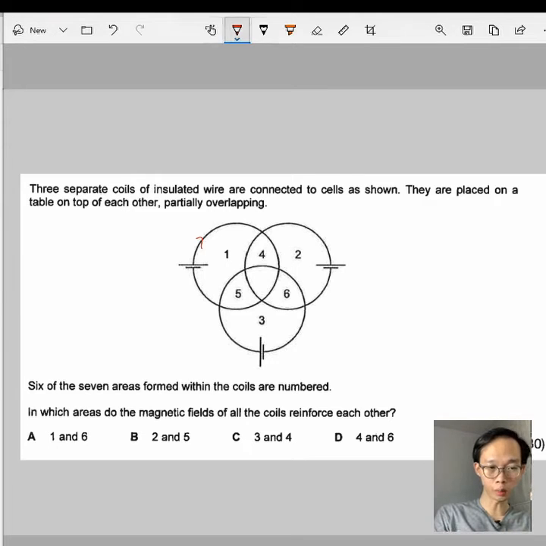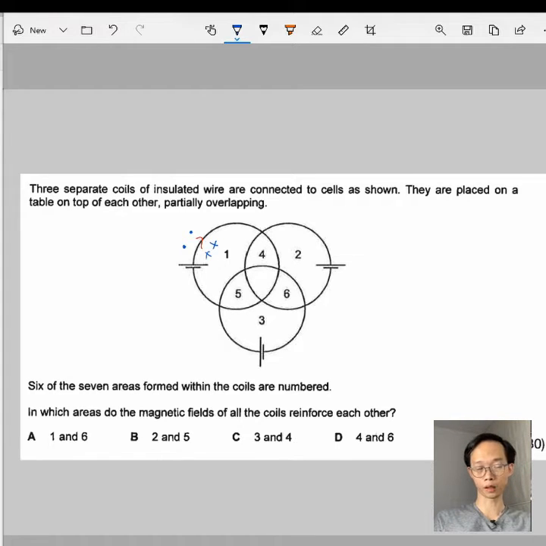Let me draw the magnetic field in another color. If we imagine our right hand gripping the wire, we can see that on the inside of the circle, the magnetic field should be pointing into the page, and on the outside of the circle, the magnetic field should be pointing out of the page. Okay, so dots and crosses.